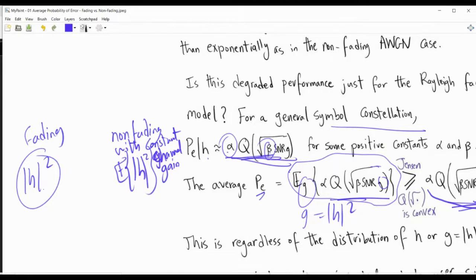It's always the case that the average probability of error in the fading case is greater than or equal to the probability of error in the non-fading case.